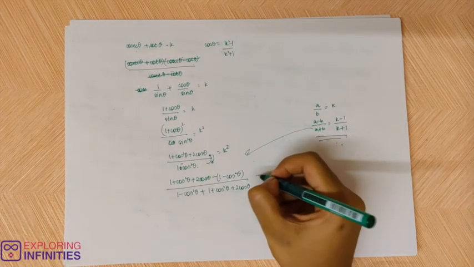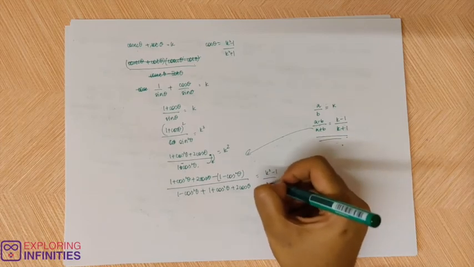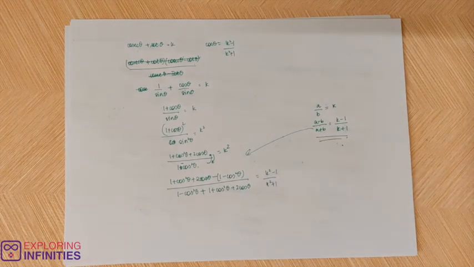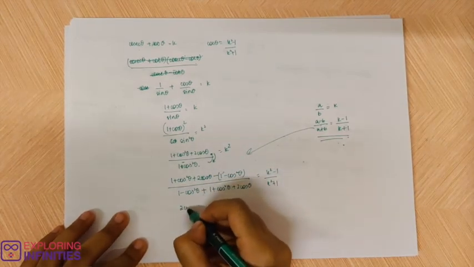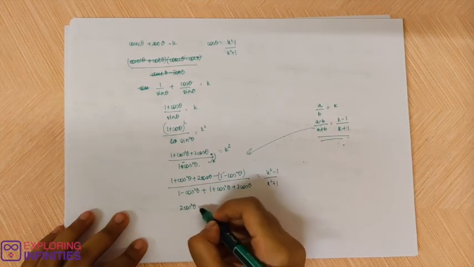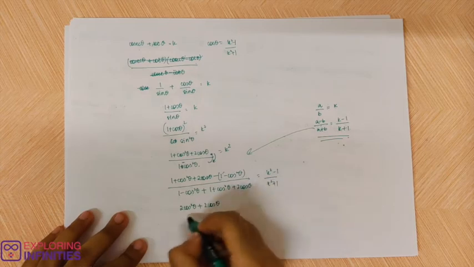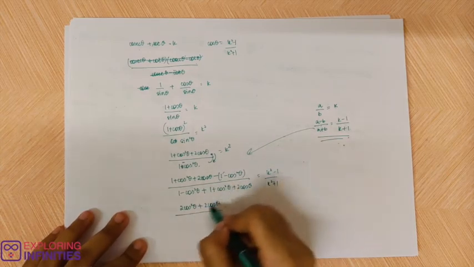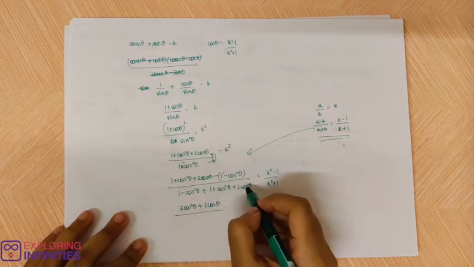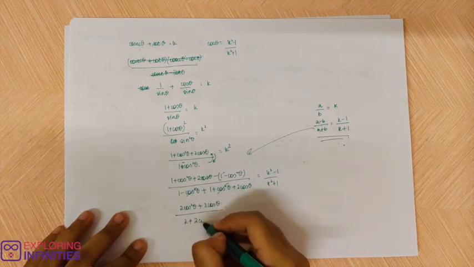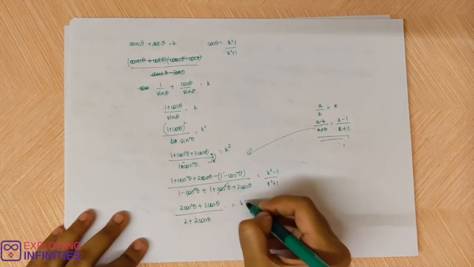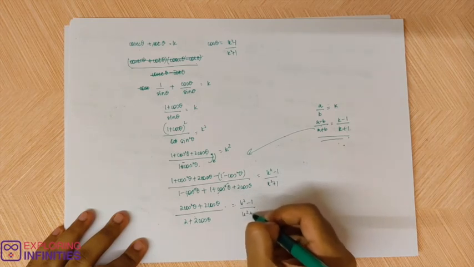Okay, so that is k square minus 1 by k square plus 1. So what is the value of this? So 1 and 1 get cancelled. So 2 cos square theta plus 2 cos theta over 2 plus 2 cos theta is equal to k square minus 1 by k square plus 1.